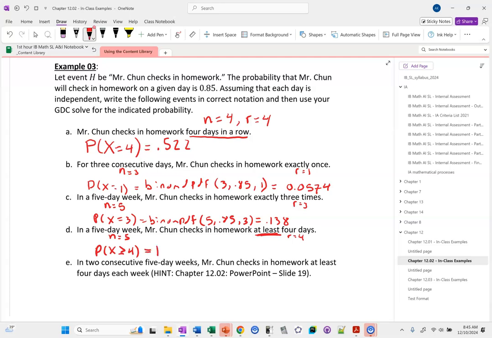So to flip it, we'll do a conjugate. What is the opposite of greater than or equal to 4? Less than 4, right? But less than 4 in a discrete situation is the same as less than or equal to 3, right? And that's what we're going into our calculator now.